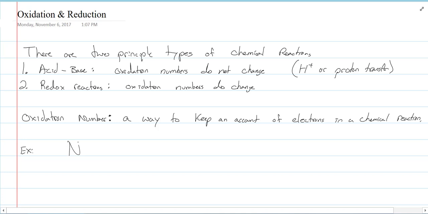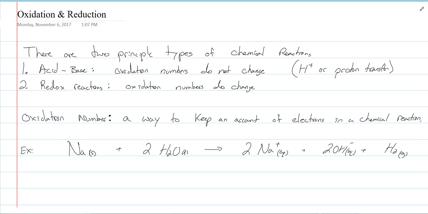Sodium metal. If I throw sodium metal into water, the net ionic equation gives me 2 sodium ion plus 2 hydroxides plus hydrogen gas. Oh, not H2O, H2 gas. Okay.